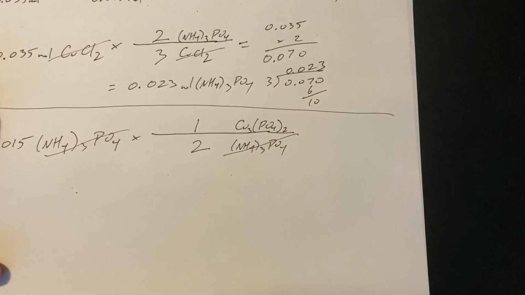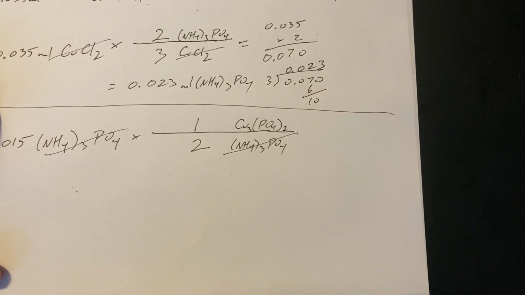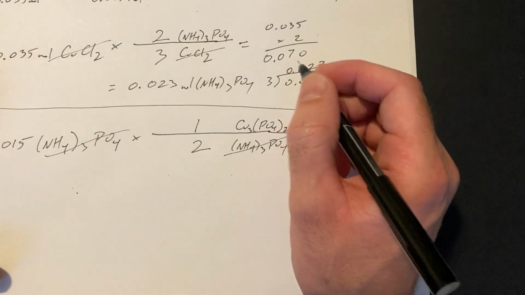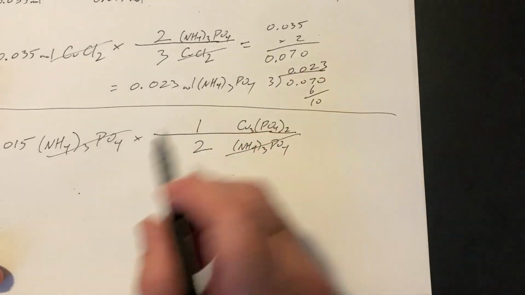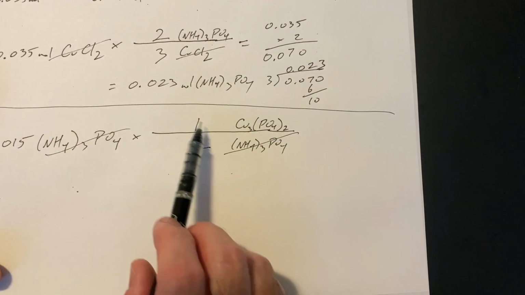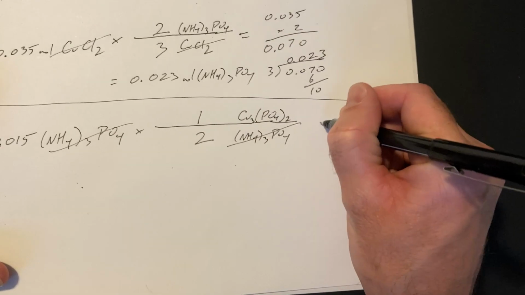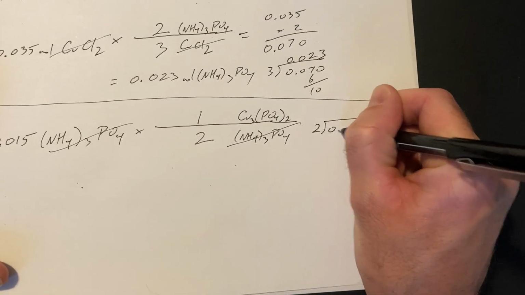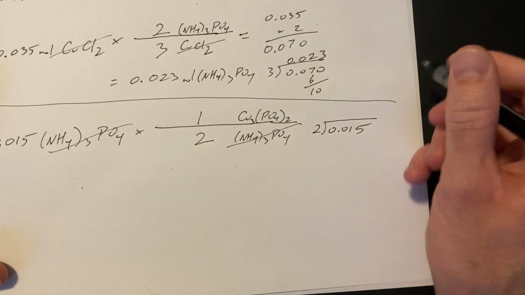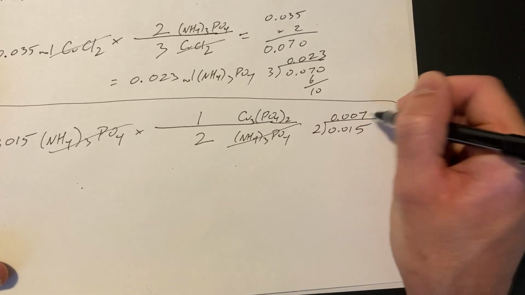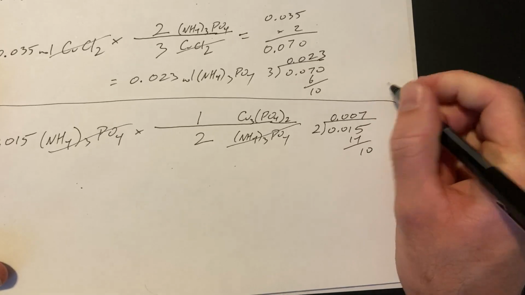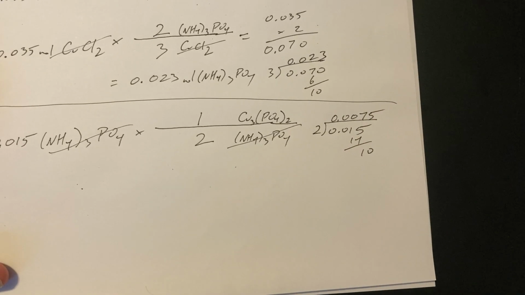This will cancel. So this is just 0.015 times 1 and then divided by 2. Let's watch me struggle through some long division I probably haven't done since 5th grade. 0.0075, there we go.